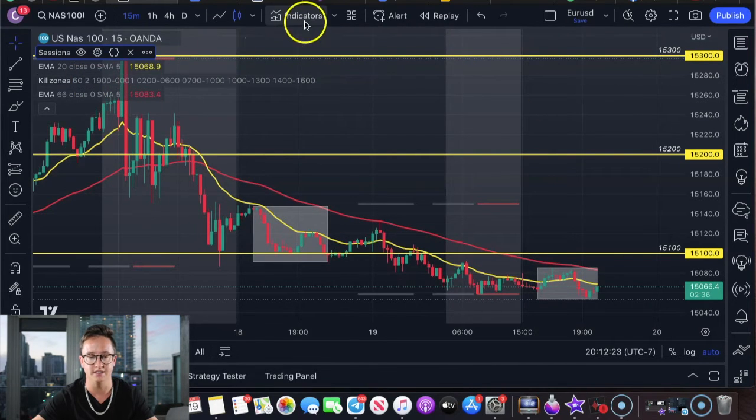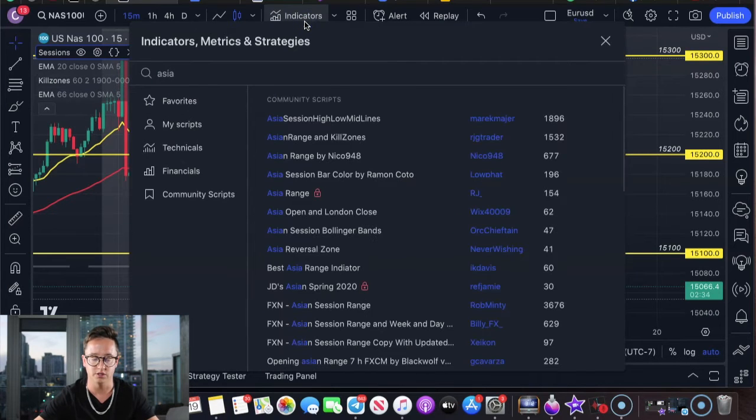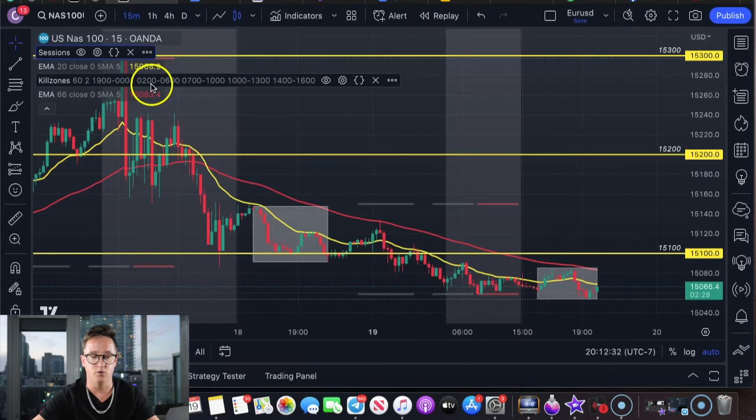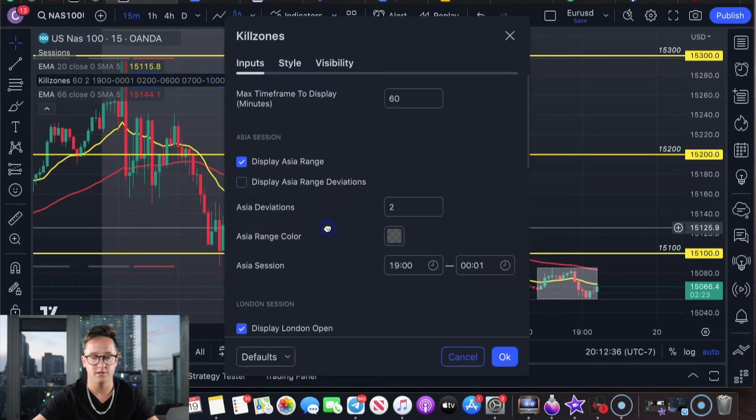Now the next one is the Asia range. So just type in Asia, and it's going to be the Asia range and kill zones, this one right here. And then once you get it, it's going to look like this. We can see the inputs. All you need to worry about is the Asia session right here.